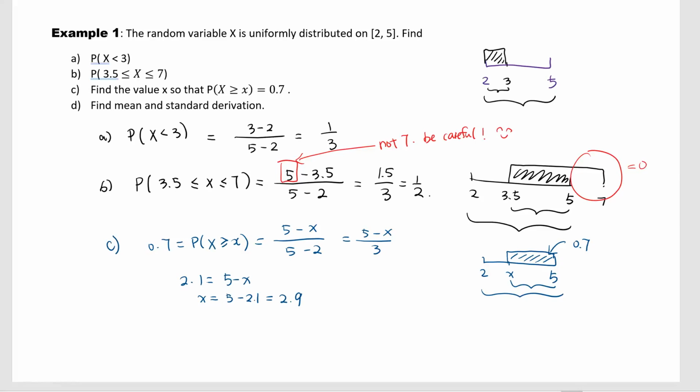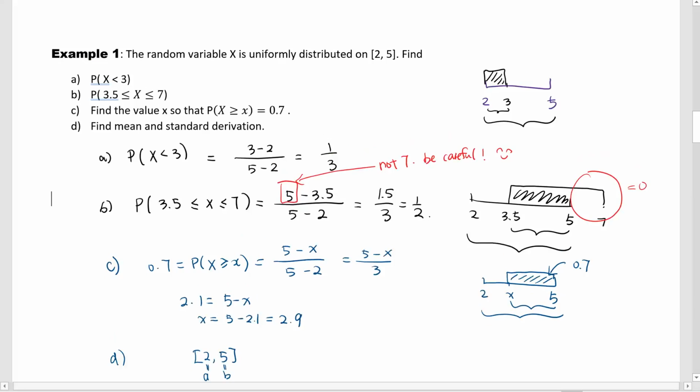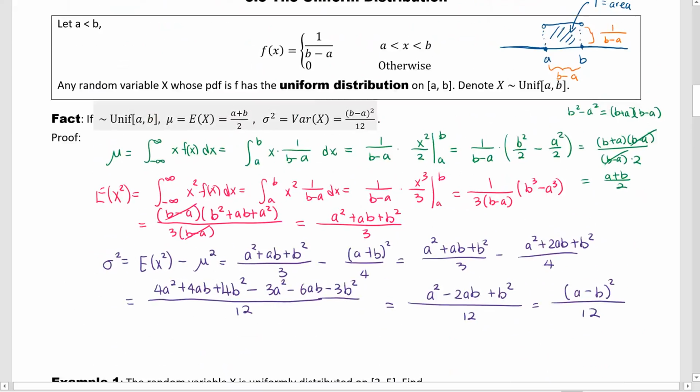Okay, and then find the mean and variance. In this case, our uniform distribution is on the interval 2 to 5, so 2 is like our A and 5 is like our B. Then we can use our formulas.